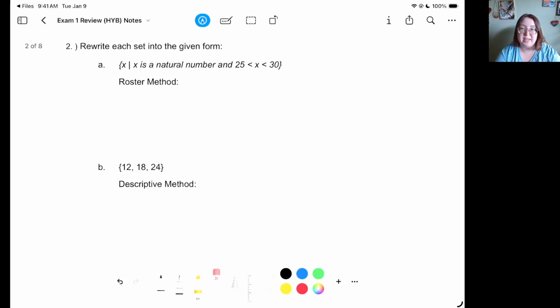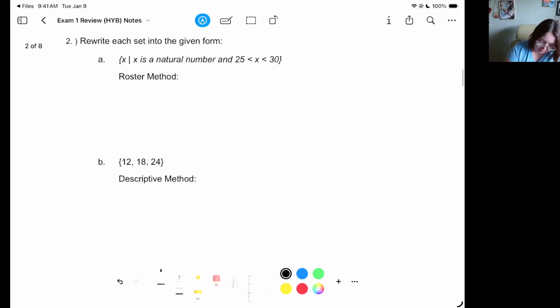So we're going to rewrite each set into our given form. So starting off with A, we have X, where X is a natural number, and 25 is less than X, which is less than 30. So our roster method, right, we write our curly brace, and then we list out the numbers.